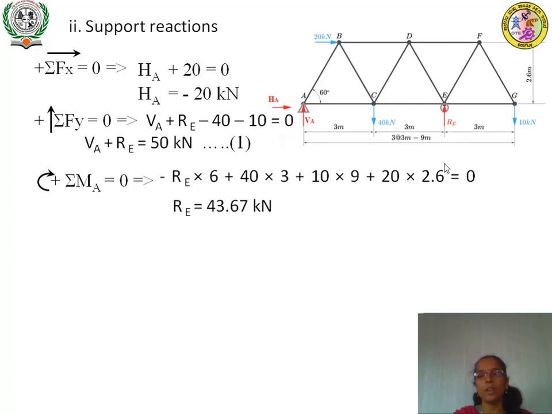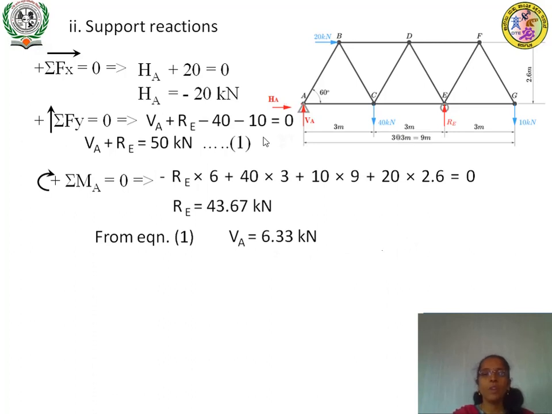So RE is subjected to a load of 43.67 kilonewton. Hence VA can be calculated using equation 1, that is VA plus RE is equal to 50 kilonewton. From which we can obtain VA as 50 minus RE. RE is 43.67, therefore 50 minus 43.67 will be 6.33 kilonewton.